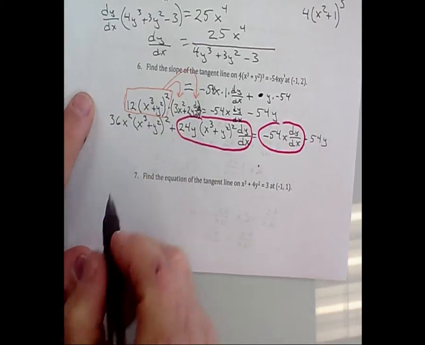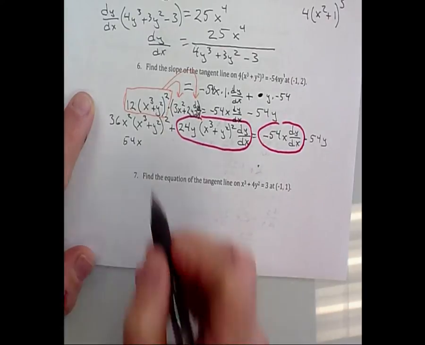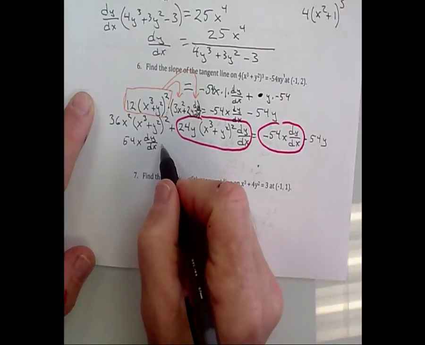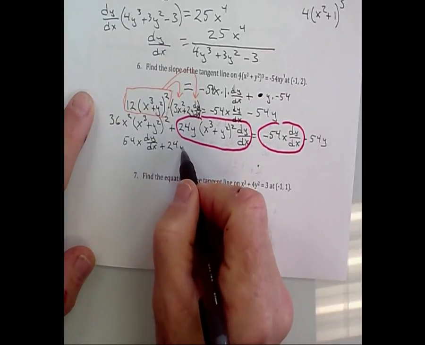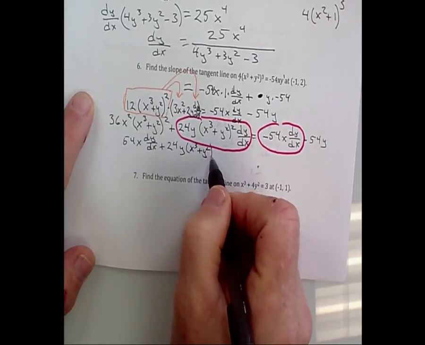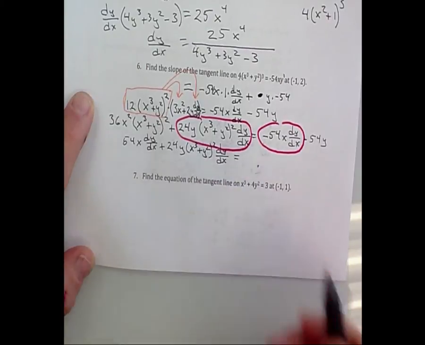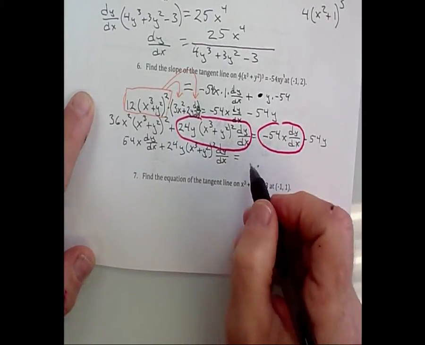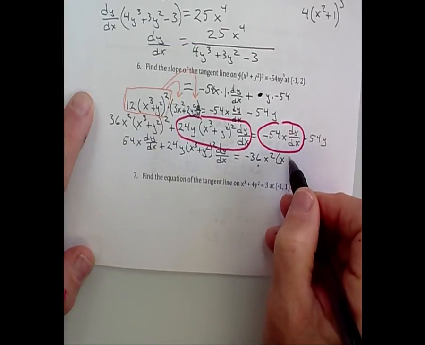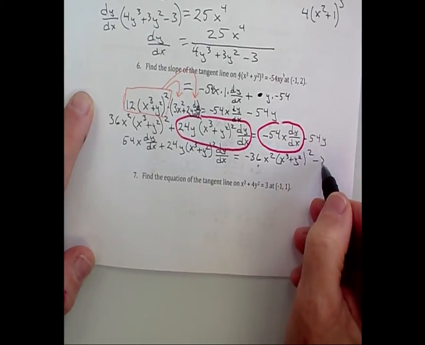So I'm going to have 54x dy dx plus 24y (y cubed plus y squared) squared dy dx equals a negative 36x squared (x cubed plus y squared), that quantity squared, minus 54y.